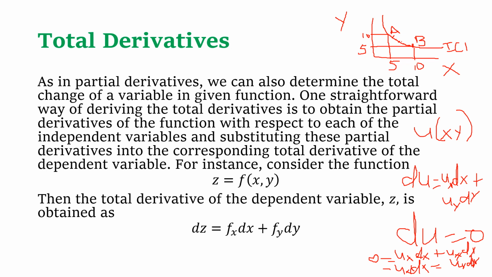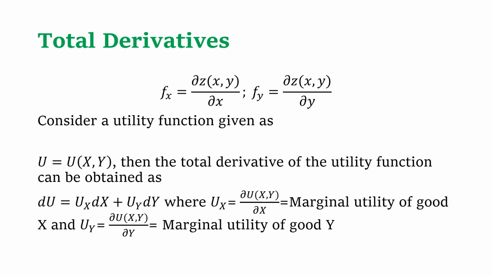Okay? So, the total derivative of the dependent variable z is obtained as dz equals f_x dx plus f_y dy. So, f_x equals the partial of z(x,y) with respect to x, and f_y equals the partial of z(x,y) with respect to y.